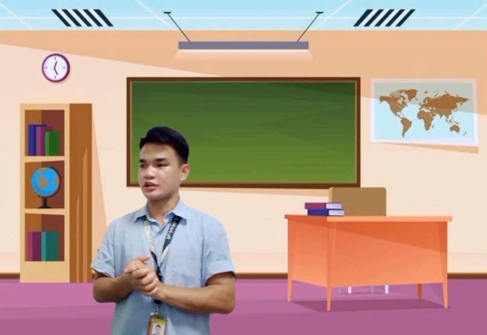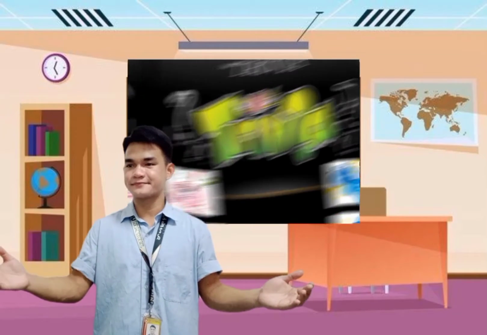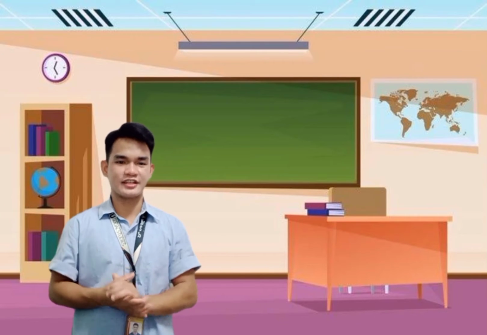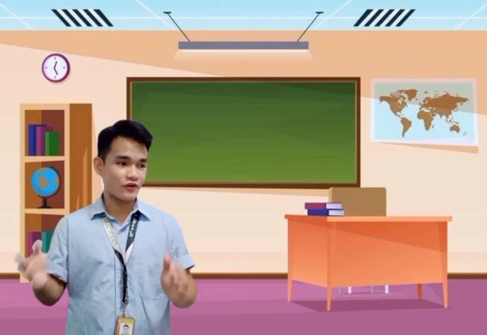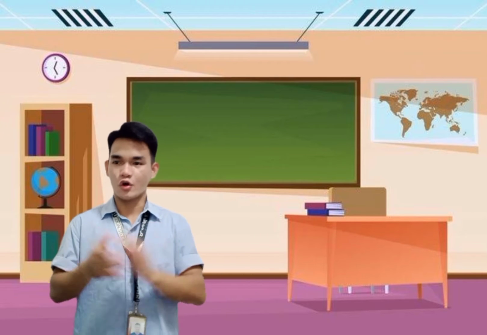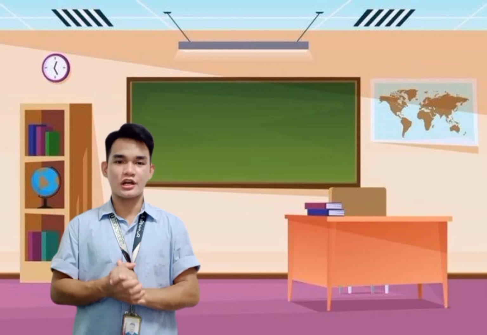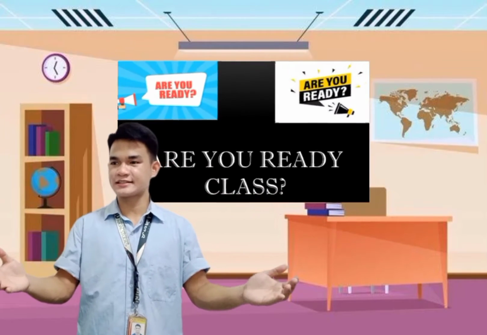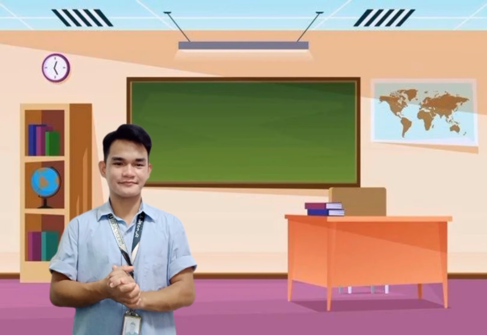And this task will be called trivia. Are you familiar, class? Okay, very good. You may now take your seats because this time around, we will have a short activity. All you have to do is to identify the pictures shown on the screen. Are you ready, class? Okay, let's start.